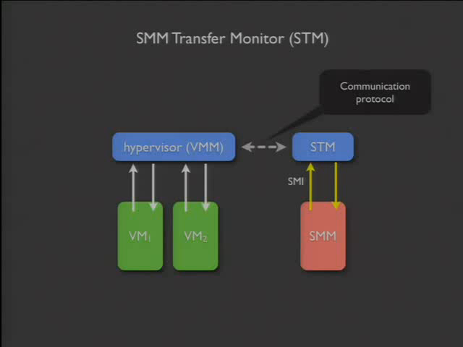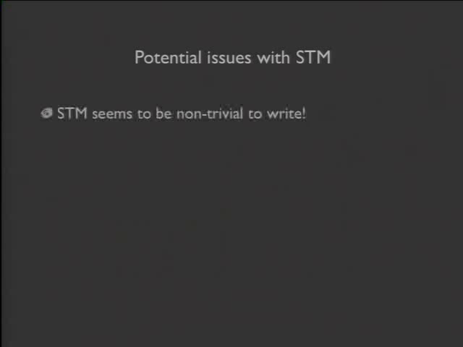However, there are issues. For us, STM seems to be non-trivial to write, because we need to take care of CPU, memory, and I/O virtualization. It's not trivial to write a hypervisor that does all those things. For example, our Blue Pill does only CPU virtualization, and already contains a few thousand lines, in the most basic version. And here we also need to do memory.